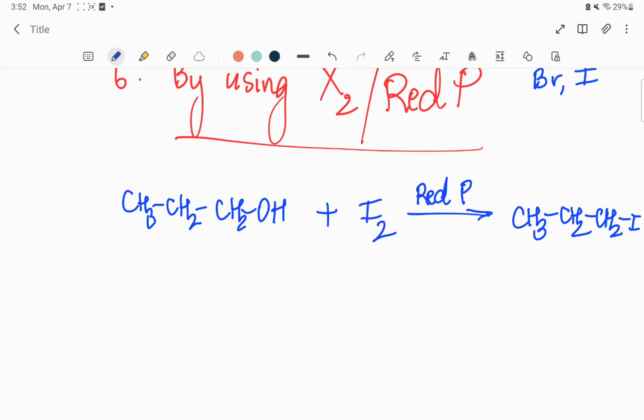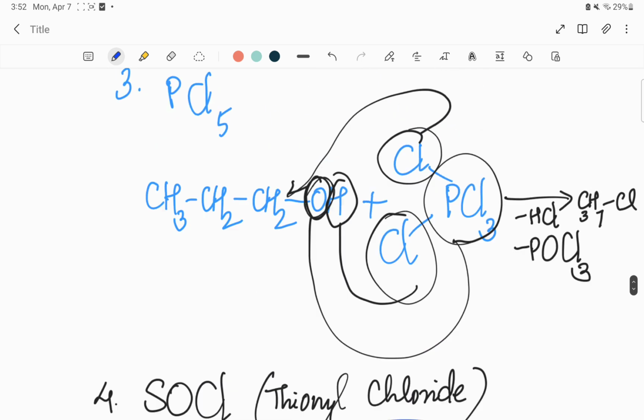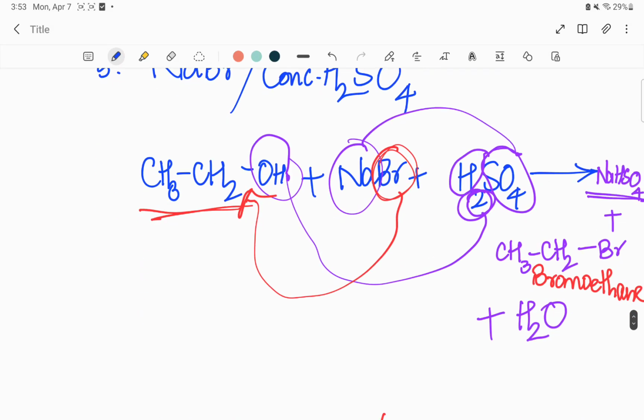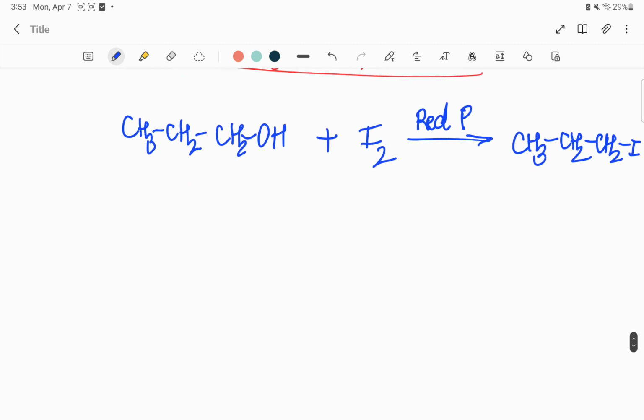And also for iodoalkanes you can even use potassium iodide or sodium iodide as well, and that can also be used to convert alcohols to iodoalkanes. But these are the major six methods to prepare haloalkanes from alcohols, and these are the reactions which are given in the textbook as well.